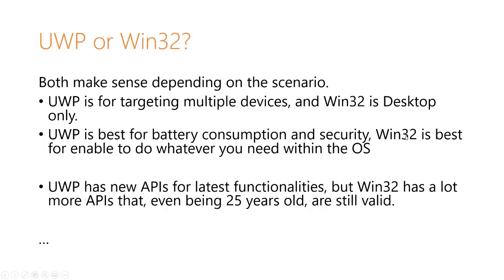If you want to use the native classical Windows API for accessing all the file system, do what you want on the OS, maybe you will go for Win32. So the choice is not about the APIs you can use, but more about the app model.